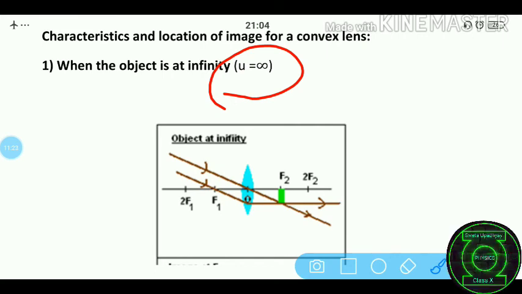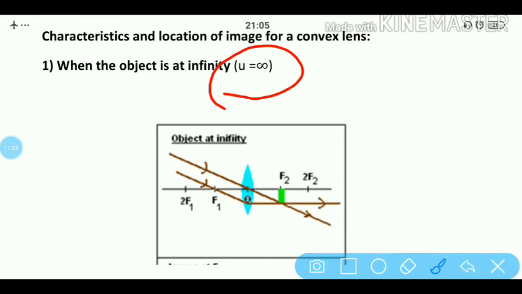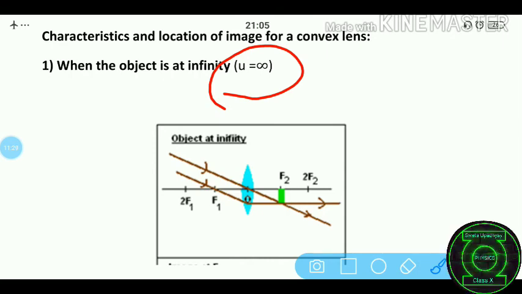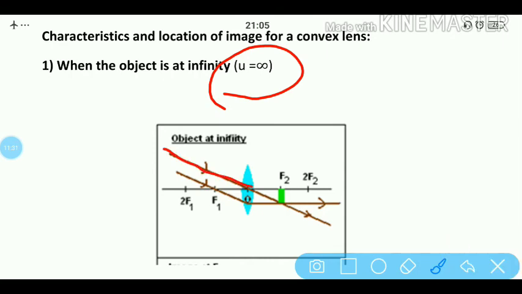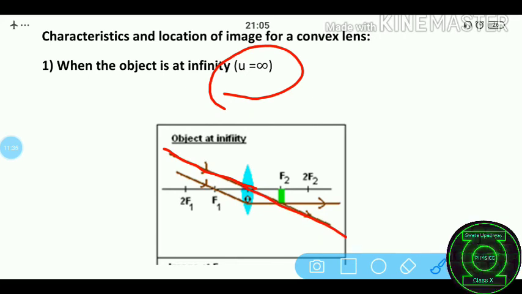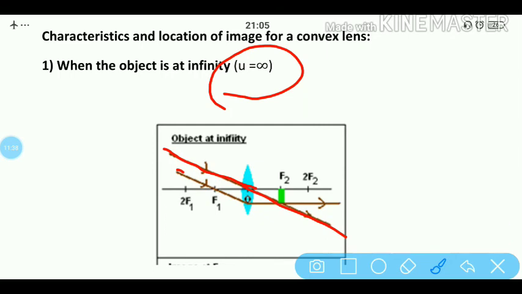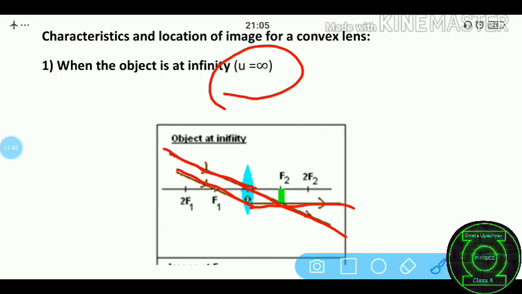So, when our object is at infinity, the rays coming from the object at infinity are parallel to each other and they are incident. We have taken a ray which is coming from the optical center, so it will pass undeviated. The next ray is the one coming through the focus, which will become parallel to the principal axis.